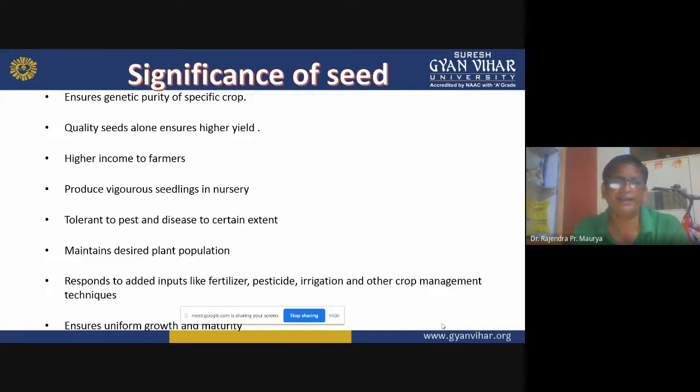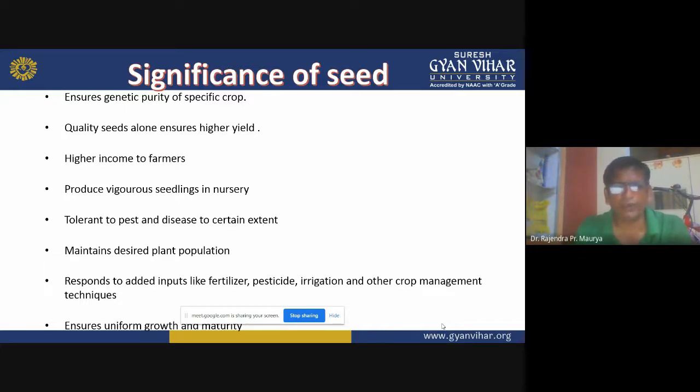You can take any example for vegetable crops: chili, tomato, brinjal, cauliflower, broccoli, cabbage, or you can take examples of wheat, rice, etc. I mean that particular crop or variety should contain the specific variety seeds.